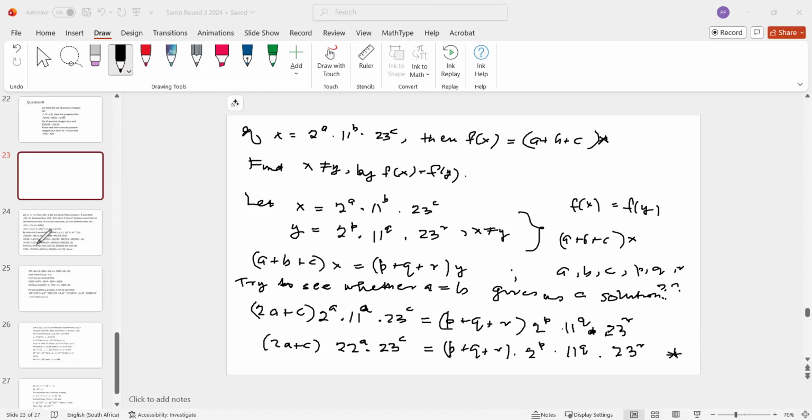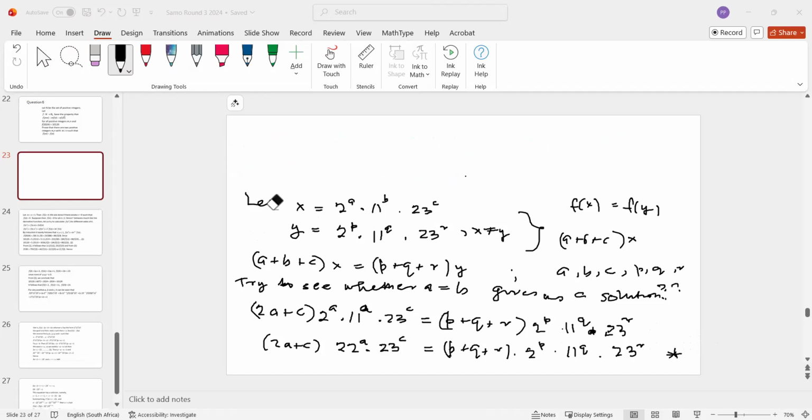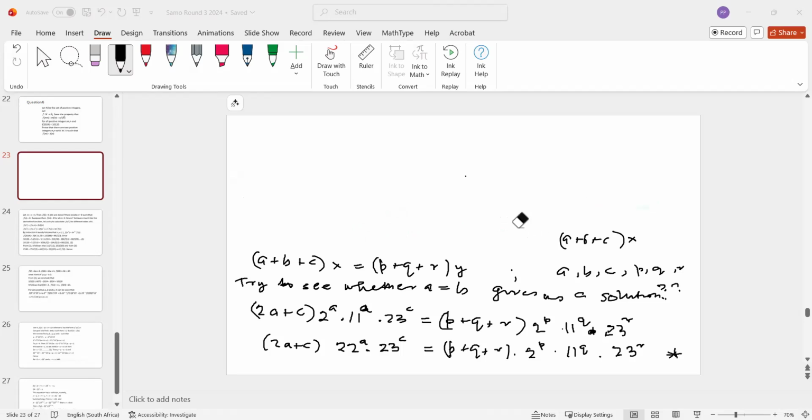I'm going to clear the decks here. Remember, X and Y are these. We can rub this thing out. All right, I'm just going to rewrite this because this is an important equation here.